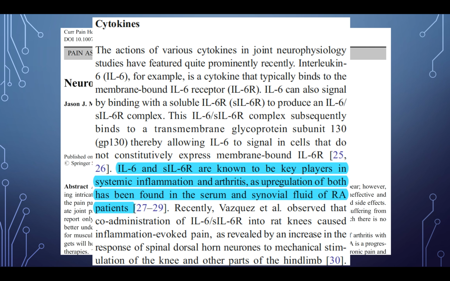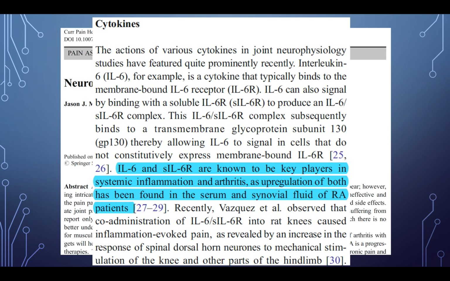IL-6 can also signal by binding with a soluble IL-6R to produce a complex. The complex will subsequently bind to a transmembrane glycoprotein, gp130, that allows IL-6 to signal in cells that basically don't express membrane-bound IL-6R.